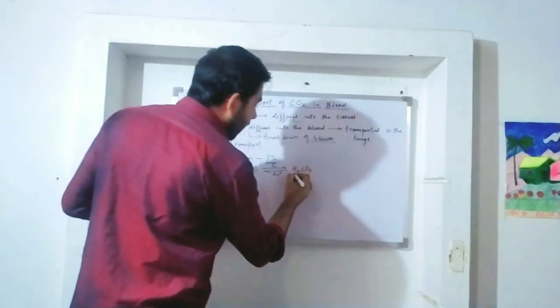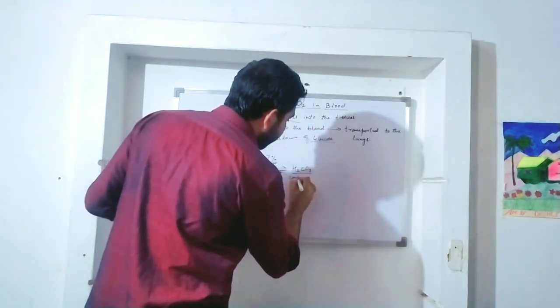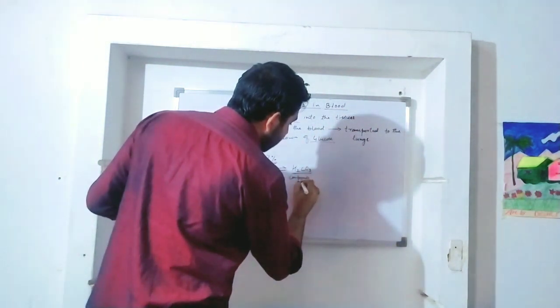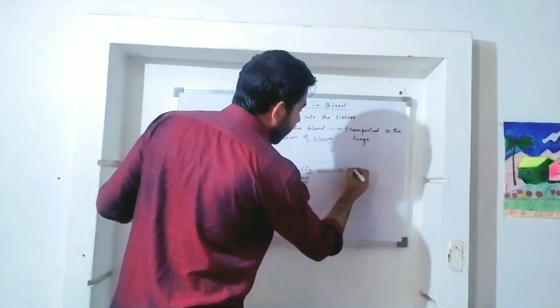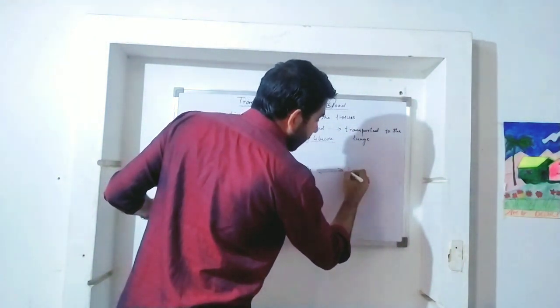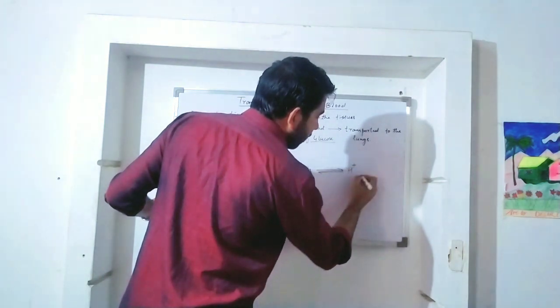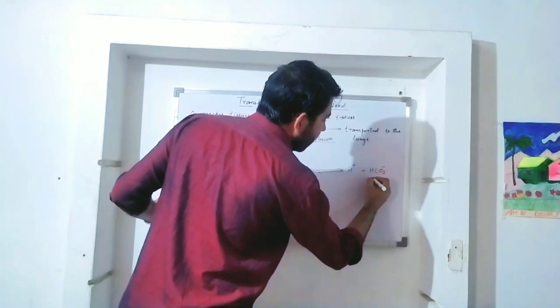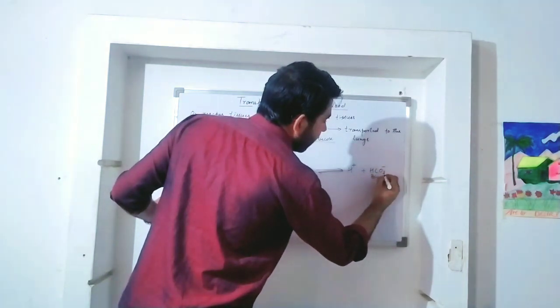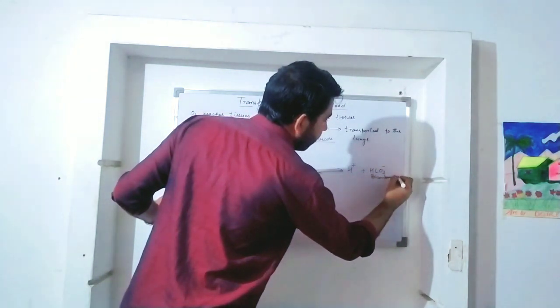Now this carbonic acid is broken down or split into two products. One is the proton and the other is HCO3 negative, which is the bicarbonate.